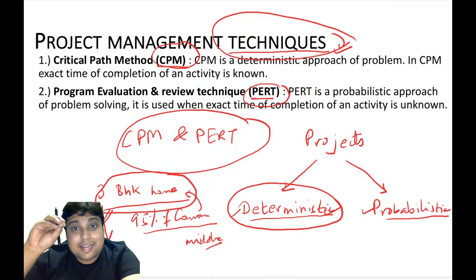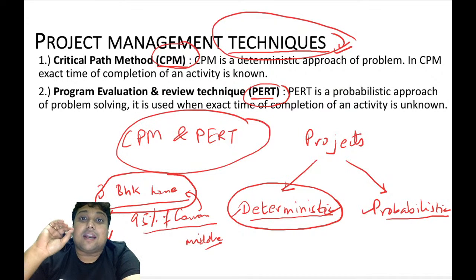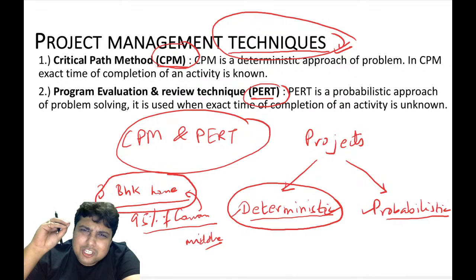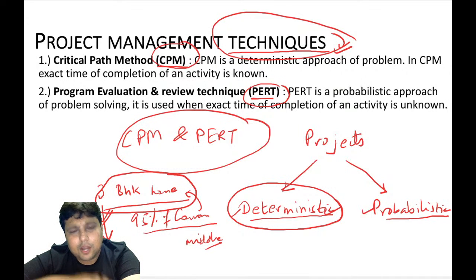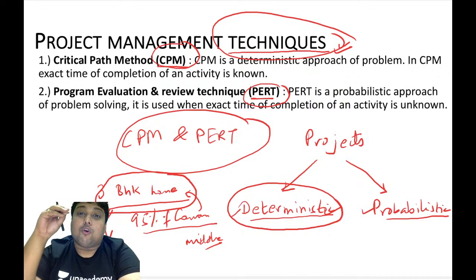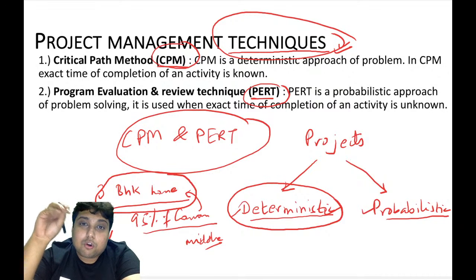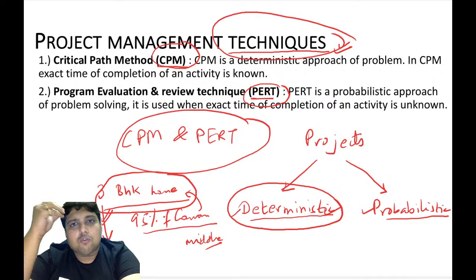So when the contractor is so versed with this type of project, he knows the in and out of the 3 BHK house. He knows how much time it will take, how much money, how much labor, how much resource it will take. He can tell you almost everything. When you go to such a contractor to get your own house built, he will give you a quotation so exact, so precise.